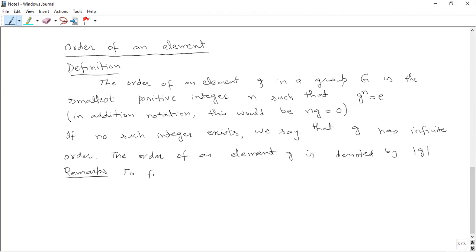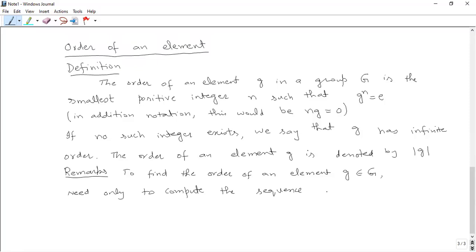Okay. Now we have some remarks. To find the order of an element g, we just need to compute the sequence, that is g, and the second element of the sequence is g square, third element is g cube, and so on, until we reach the identity for the first time.